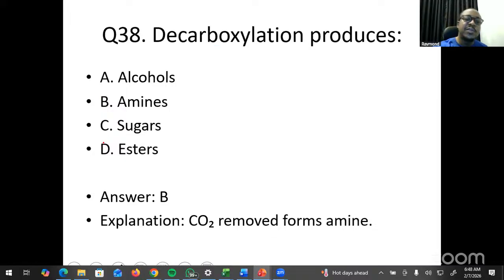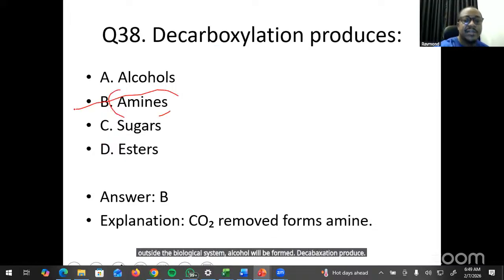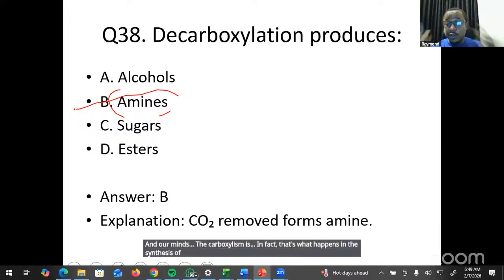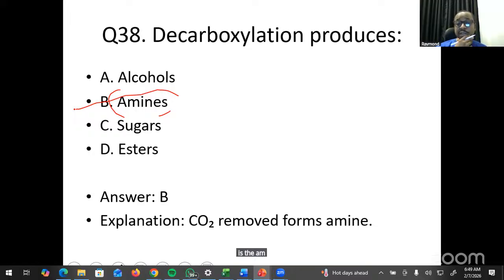Decarboxylation produces amines. That's what happens in the synthesis of dopamine. It is the removal of the carboxyl group.